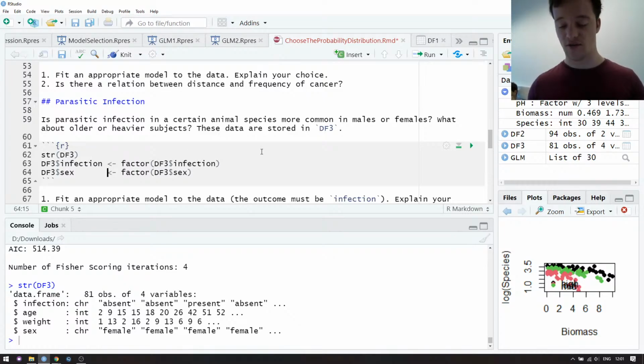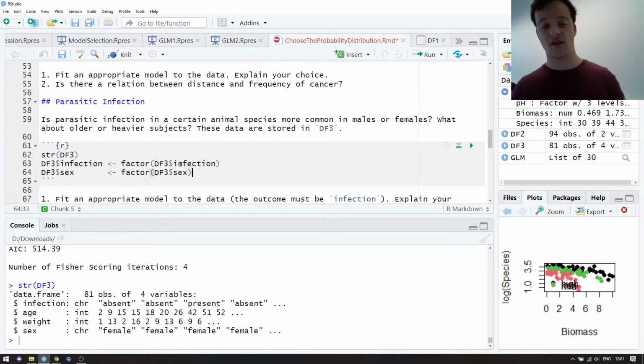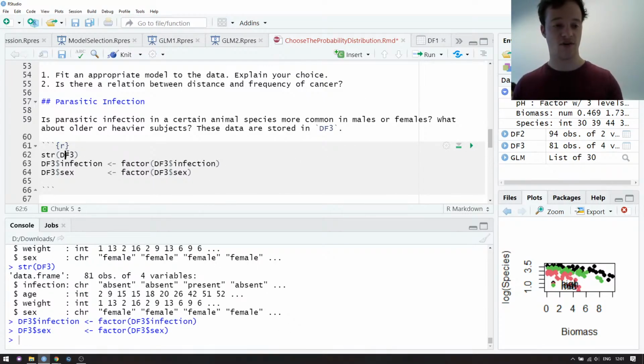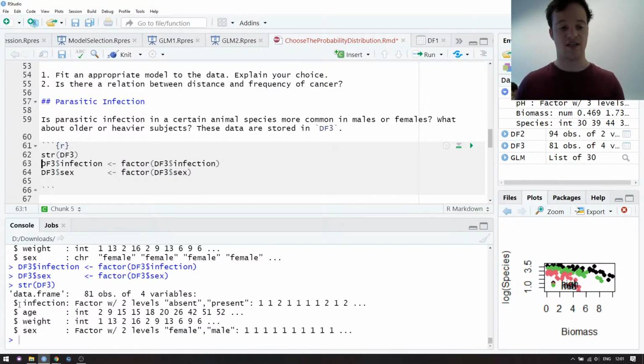Okay, this will actually solve most of the issues that I saw people have. In the graded assignment, I will remind you to have a look whether things are read correctly into the software, if it poses a problem at all. Okay, so I run this, and now if I run the structure again, I'll see that indeed infection is a factor with 2 levels, correct. Sex is also a factor with 2 levels, yeah?